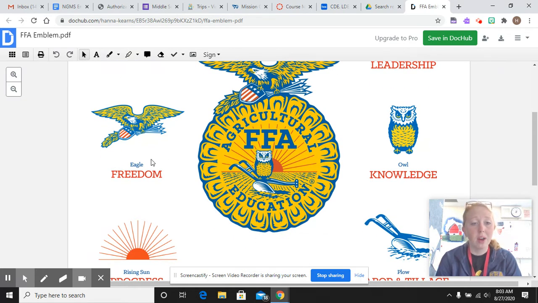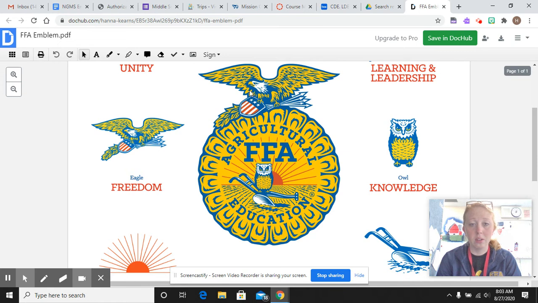Then we go down and we've got freedom from our eagle, and our eagle up here really just stems from being strong Americans. It takes in the eagle from the United States and the mindset of that. It just brings that into the FFA. Over here we have the owl, and that's the knowledge.